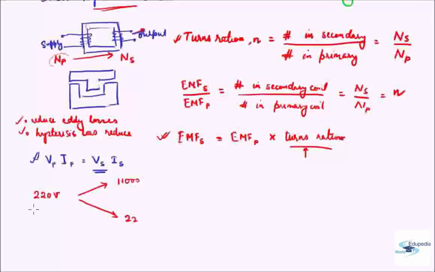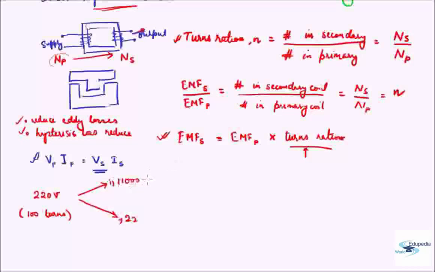Now you are told that the supply end of the transformer or the primary coil of the transformer has 100 turns. Now you need to find the number of turns in the output or the secondary coil of the transformer for case 1, 11,000 volt, and case 2, 22 volt.